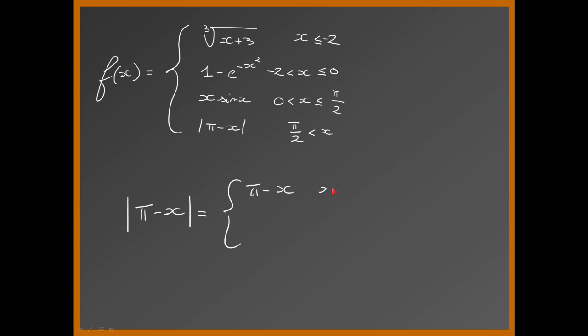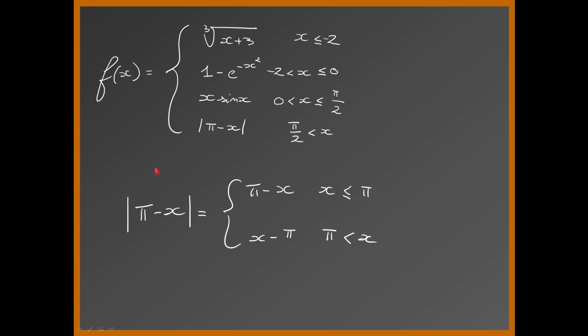This means when x is less or equal to pi. Moreover, it is equal to x minus pi when pi minus x is negative. This means when pi is less than x.